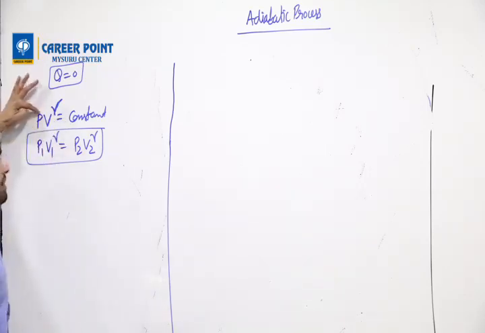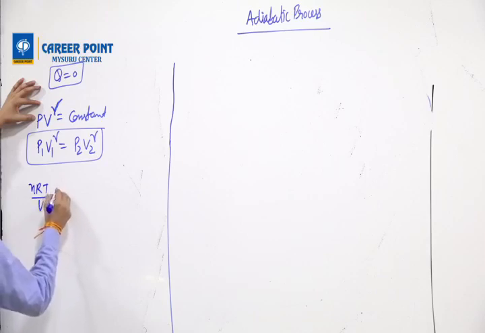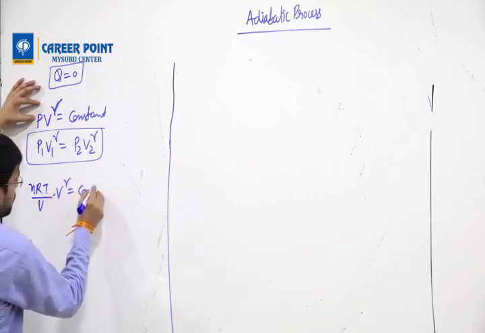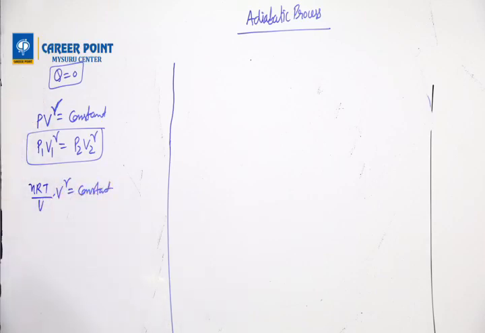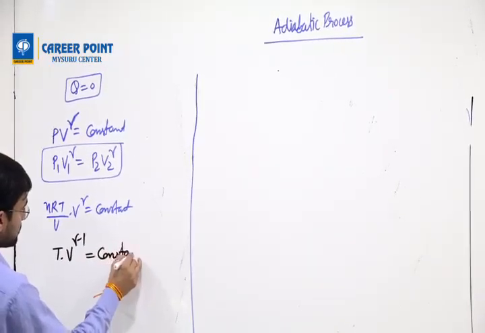So you replace pressure by nRT by V into V power gamma equals to constant. Then it becomes T V power gamma minus 1 equals to constant.